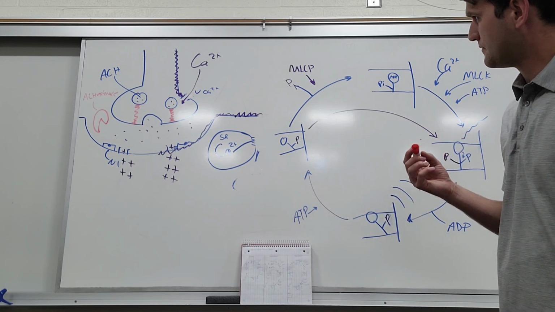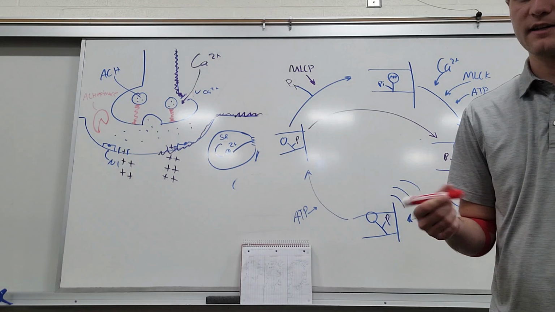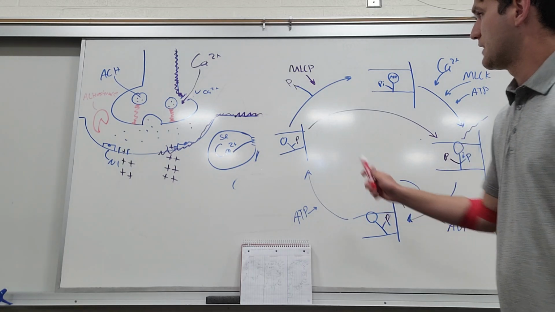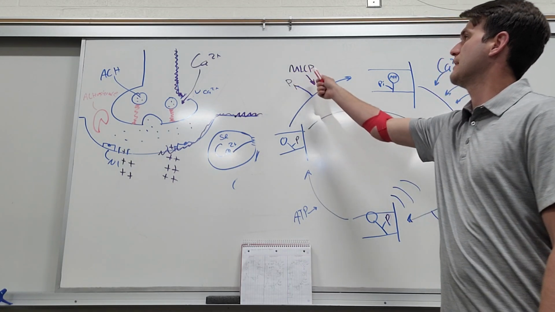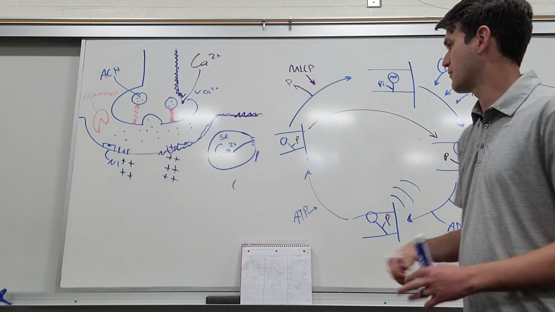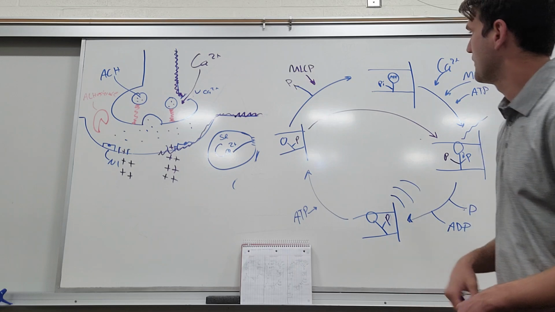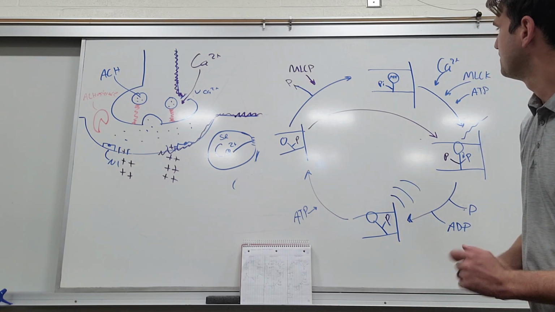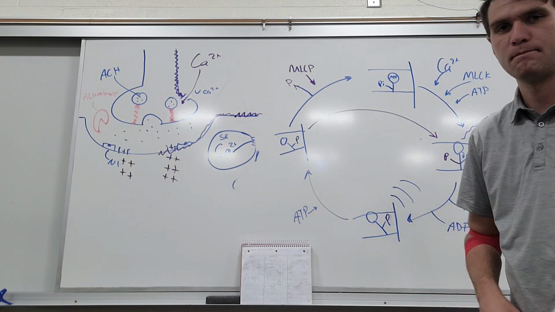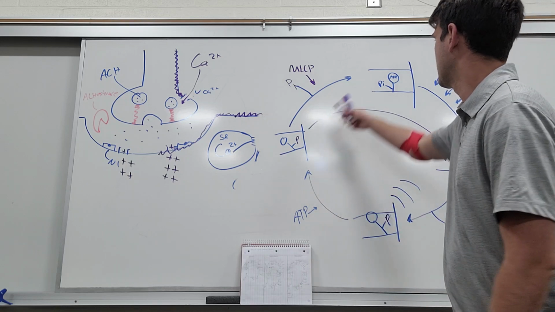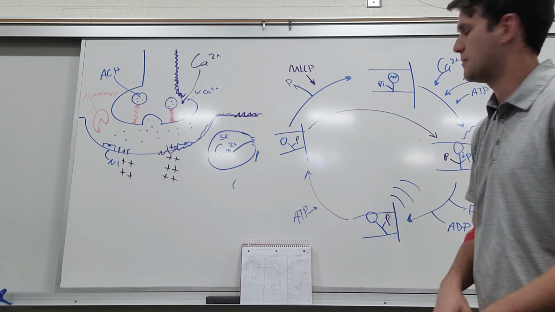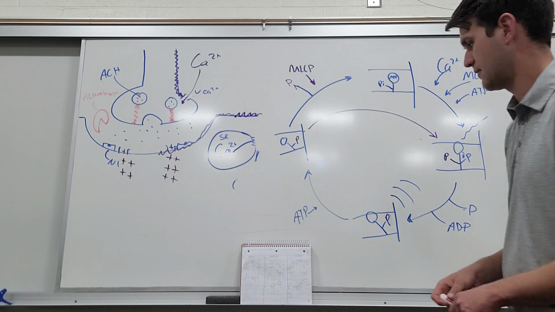But if we want to end the contraction, we want to relax the muscle, then we need this myosin light chain phosphatase, which is going to remove this phosphate, kick it off, and reset our myosin head with the ATP. It's going to hydrolyze still to ADP and phosphate.